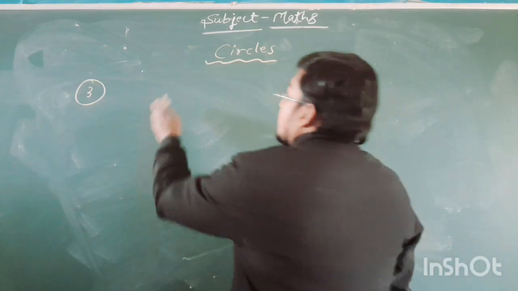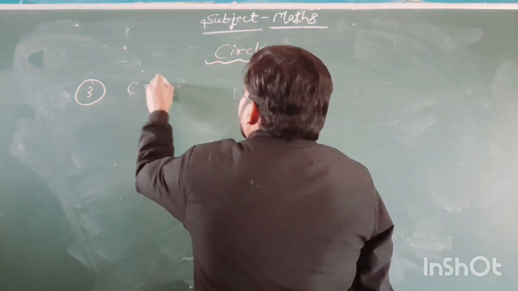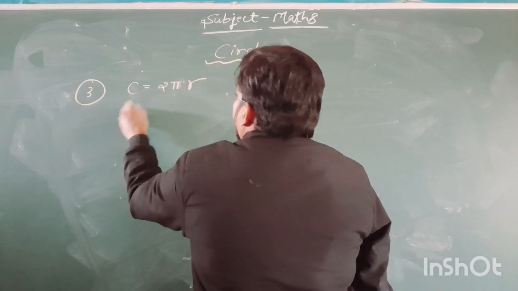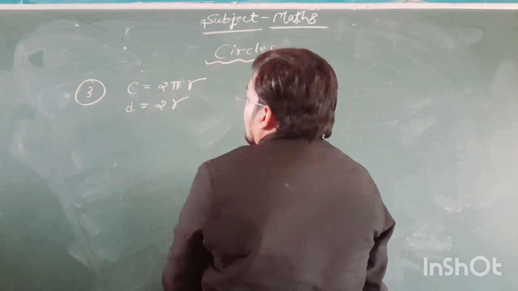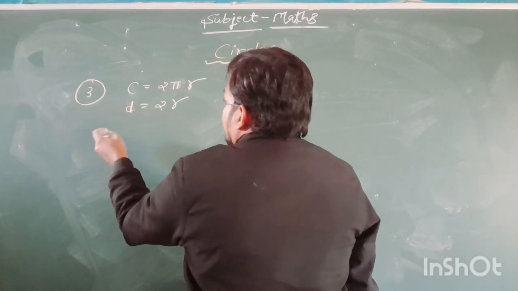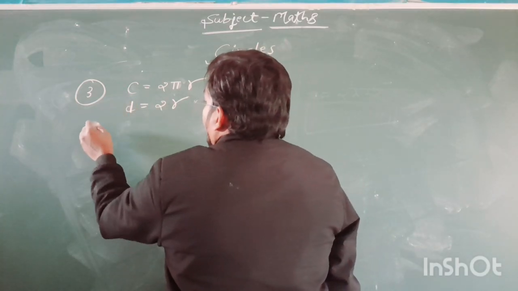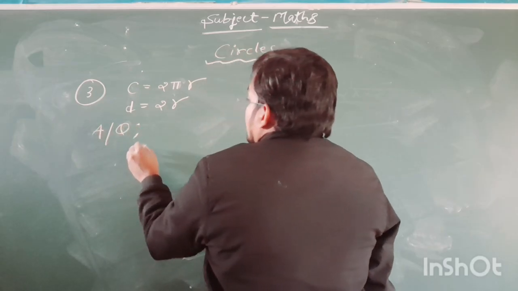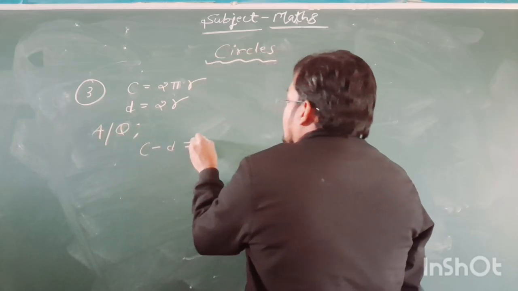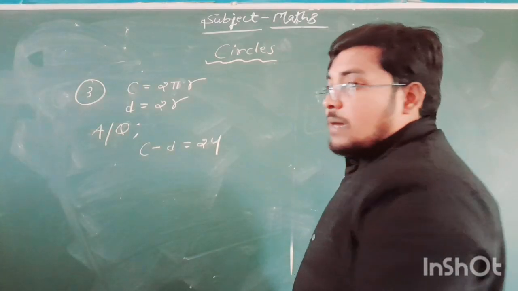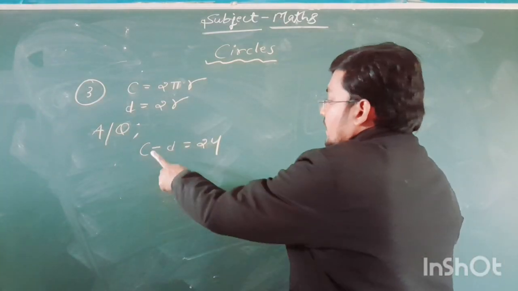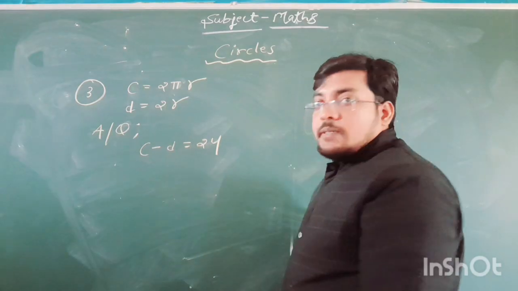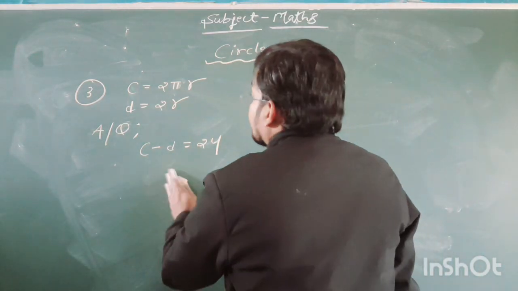As we know, circumference of a circle is 2 pi r and diameter of a circle is 2r. According to the question, C minus D is equal to 24. Here C is the circumference of the circle and D is the diameter of the circle.